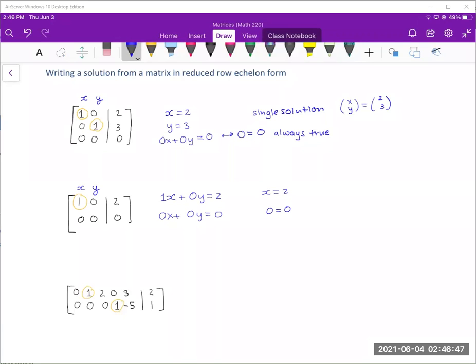All we need to satisfy is that x is 2. And so if we write our solution out in vector form, we would say x has to be equal to 2, but y can be anything.